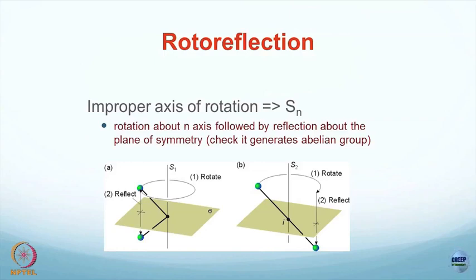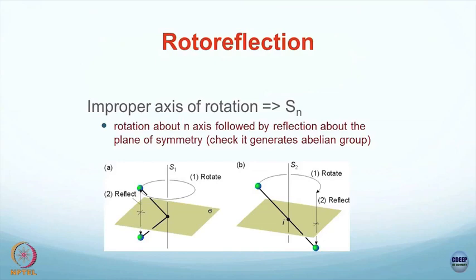Are you all with me? This is what rotoreflection S1 is. It is nothing but just the mirror symmetry. S1 is isomorphic to sigma h, and sigma h is made of the identity element and the mirror transformation.